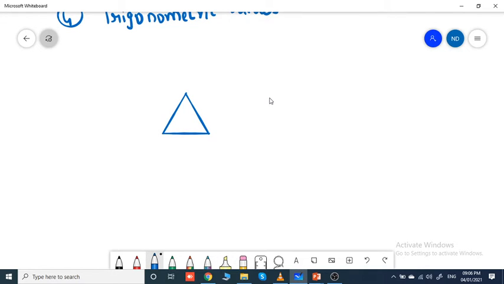But in this trigonometry we will use only one type of triangle. I think you are aware of three types of triangles: one is equilateral, second is isosceles, third is scalene, right?